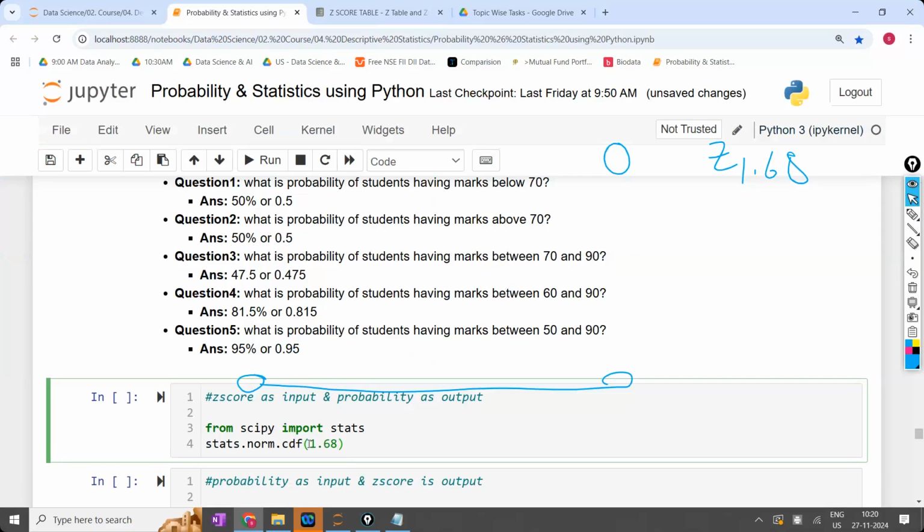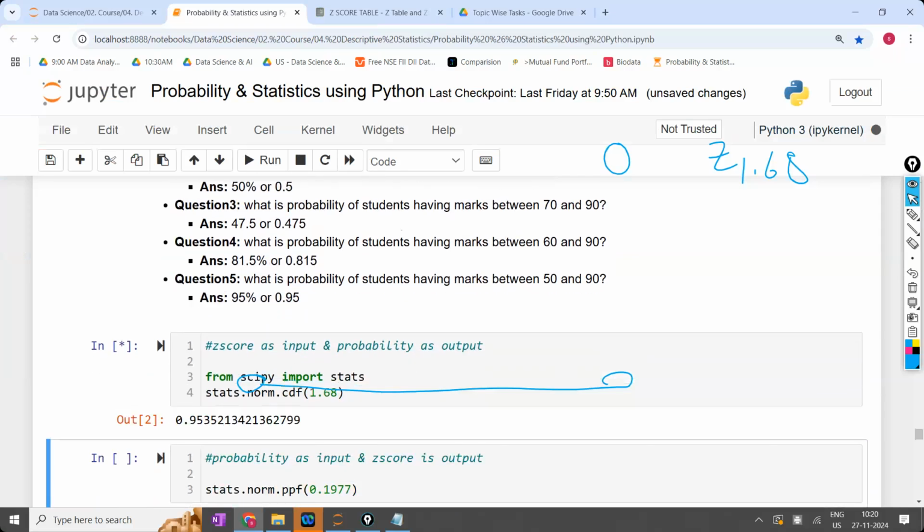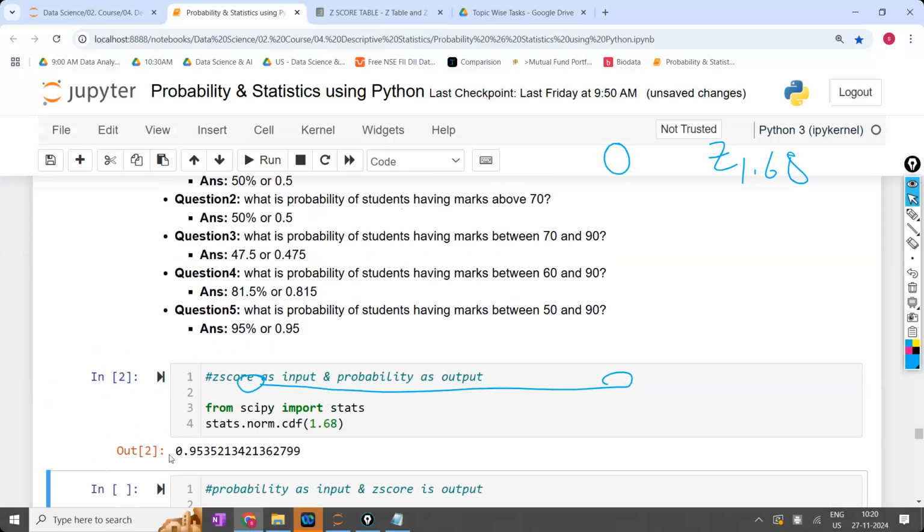So the cumulative probability of 1.68: what is the answer you are going to get up to 4 decimals? 0.9535. In the Z table also we got the same. So we can calculate probability in Python by using stats.norm.cdf.